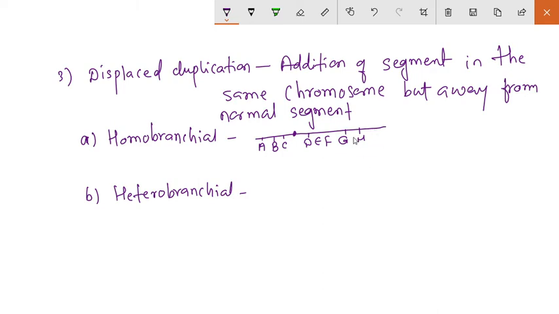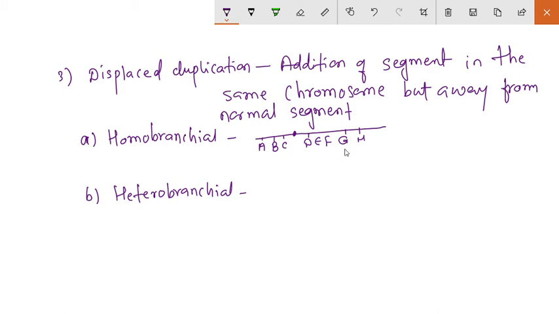So the duplicated part is at the same side of the centromere. Centromere च्या same side ला जर त्या ठिकाणी तो part add झालेला असेल, okay, but away from the normal segment, then it is known as the displaced duplication.